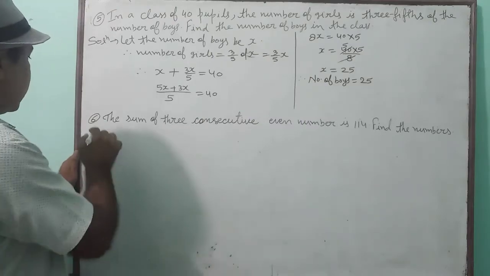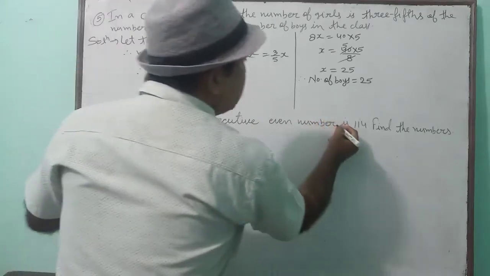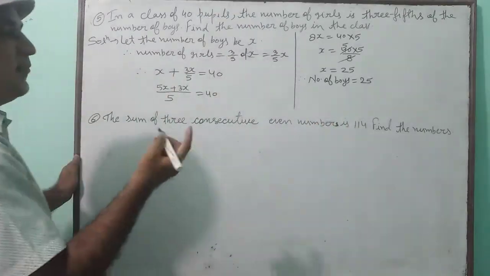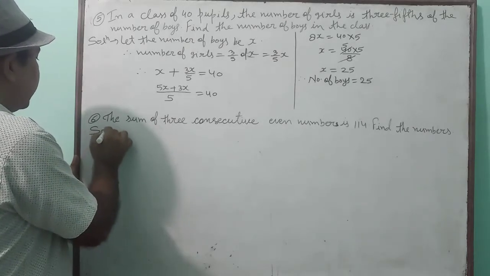Now see question number 6. The sum of 3 consecutive even numbers is 114. Then find the numbers. Children, I have told you the technique.